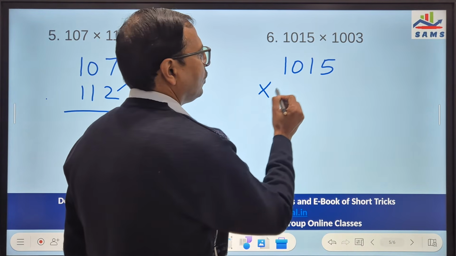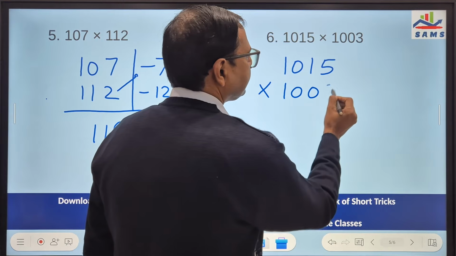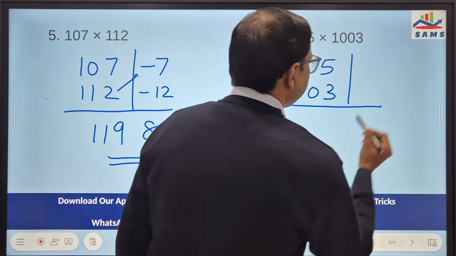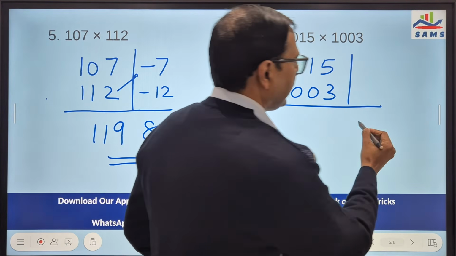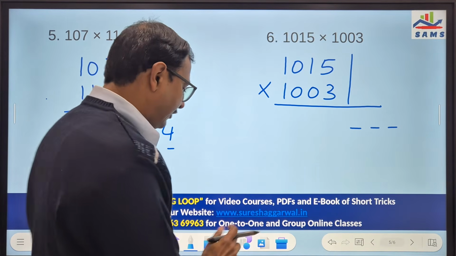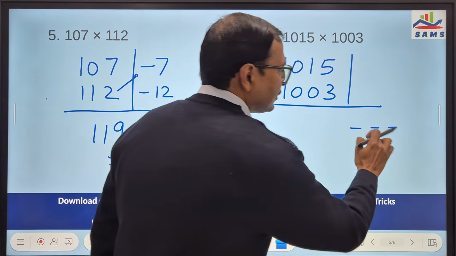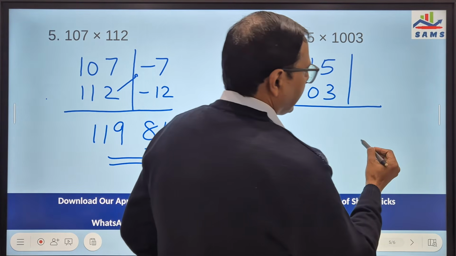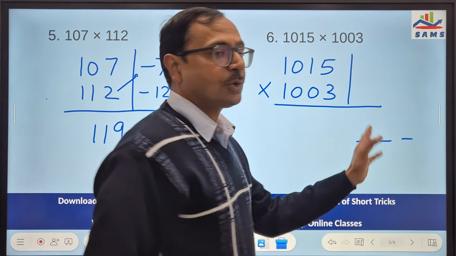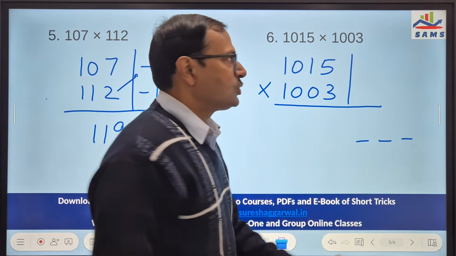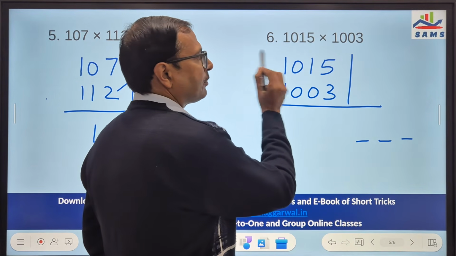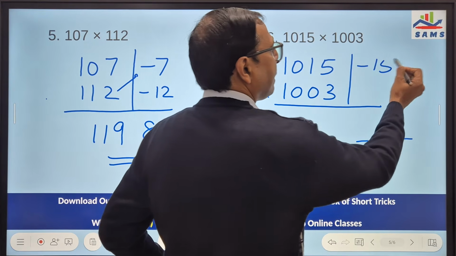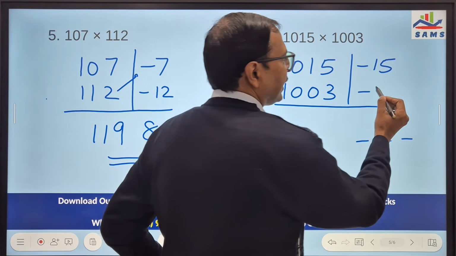Final example, 1015 times 1003. Now if you check, the base is 1000, so you need 3 digits here. That is one of the very important parts, because most of the students who know this trick, they commit this error only. They don't write accurate number of digits on the right of this vertical line. So if you subtract this from 1000, you get negative 15, and subtract this from 1000, you get negative 3.